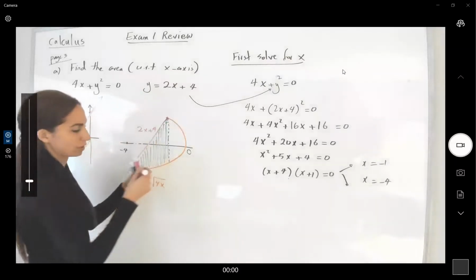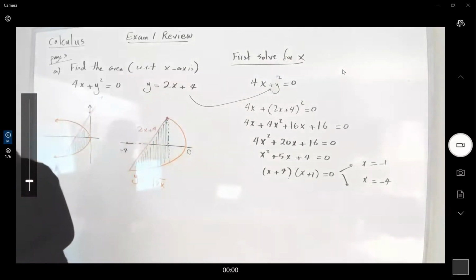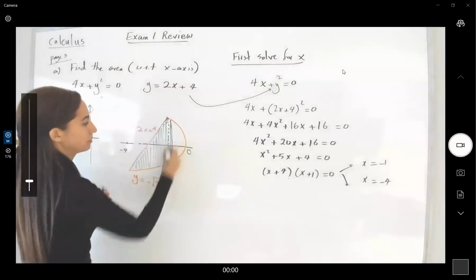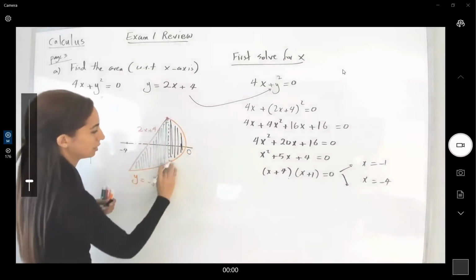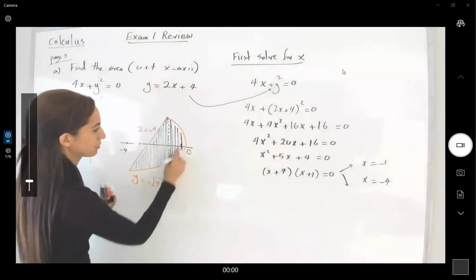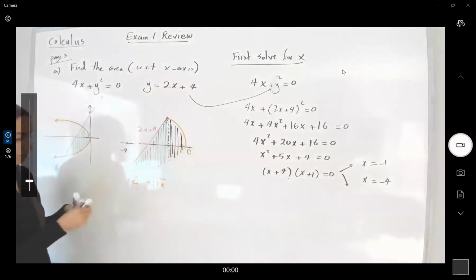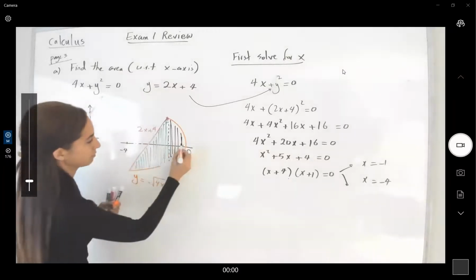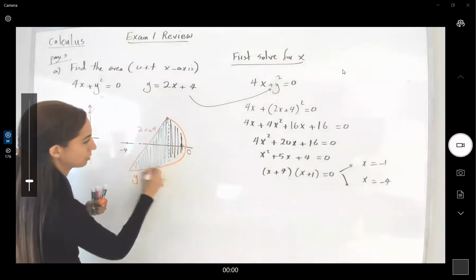For this part, the second part, on this side, a little bit of good symmetry, because this graph is symmetric, and you get the big picture.